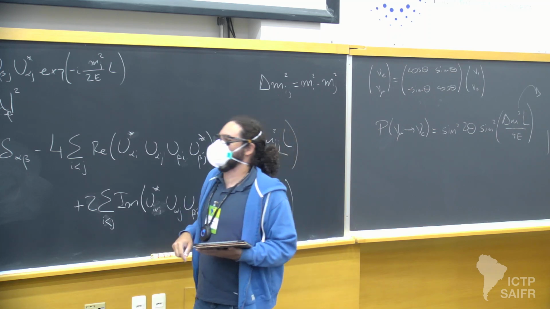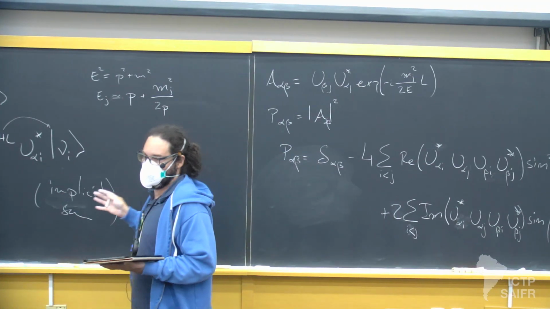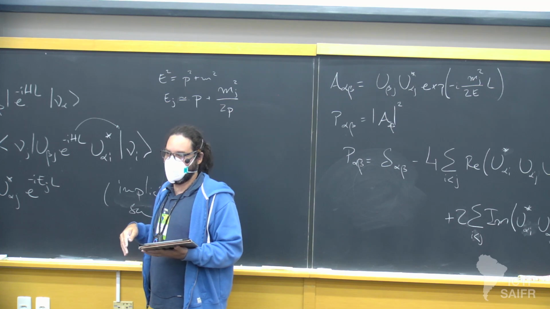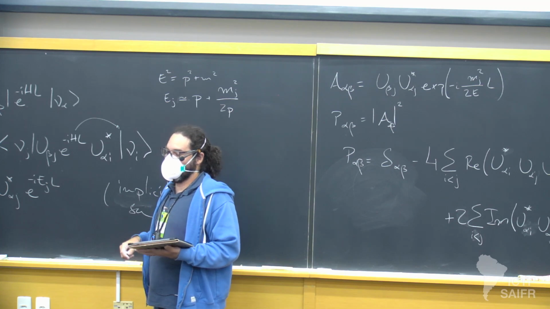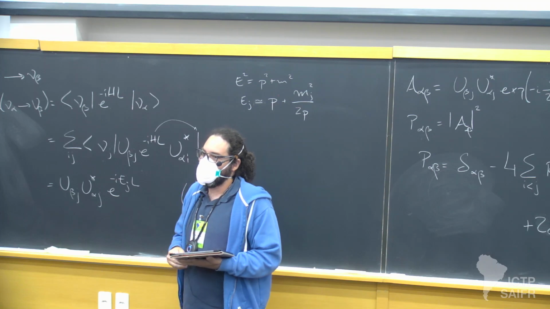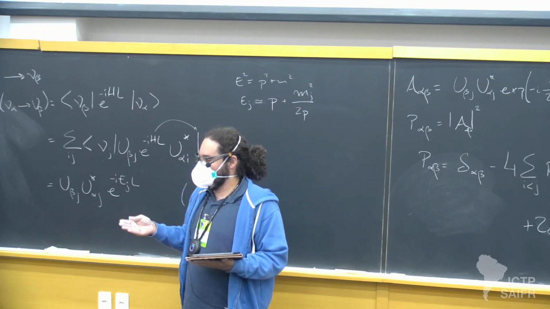That's a great question. The way I'm doing this, I'm calculating in the laboratory frame, but it doesn't need to be. You can do it in the neutrino rest frame. The only thing is that the neutrino rest frame is going to be a very weird rest frame, right?